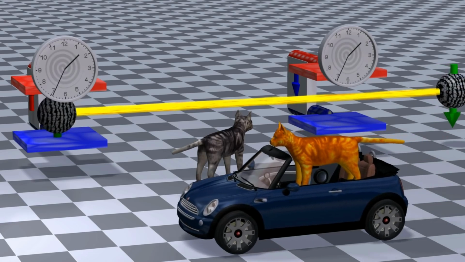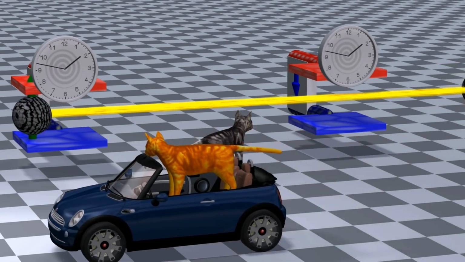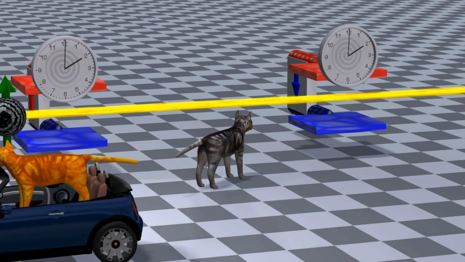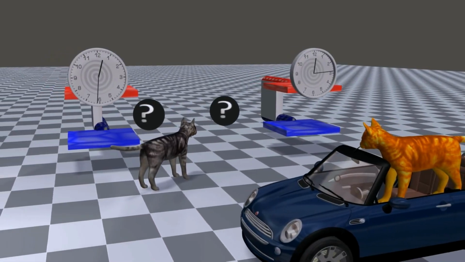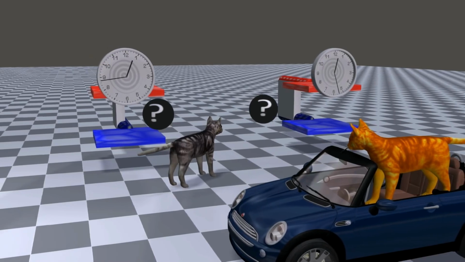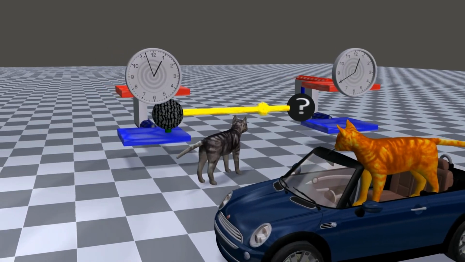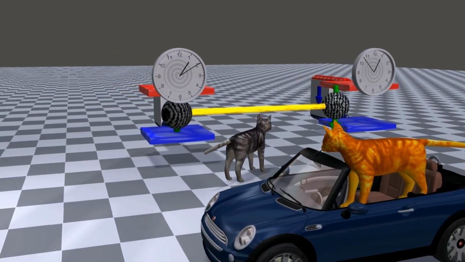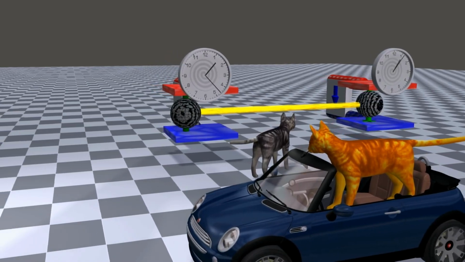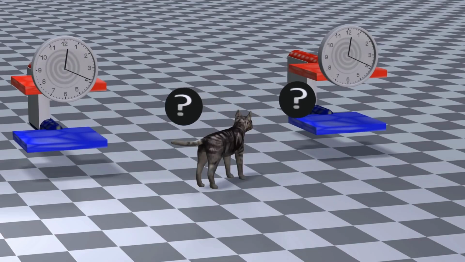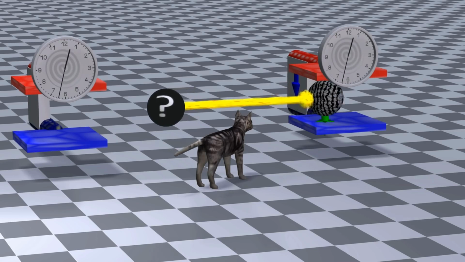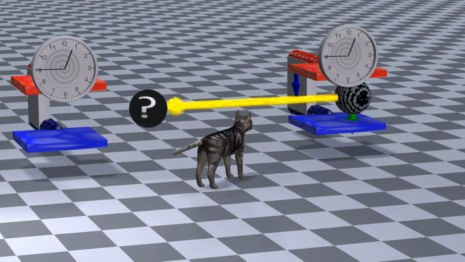According to Einstein's theory of relativity, different observers will disagree about which of two events happened first, and no observer is more correct than any other. From one observer's point of view, the right particle was observed first and caused the left particle to change its spin.